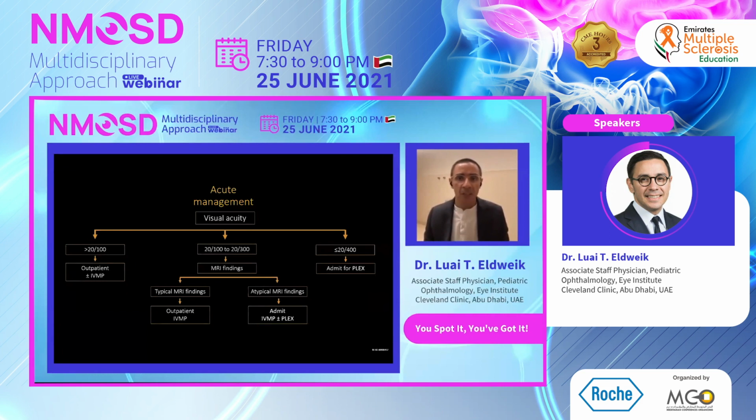Finally, if the vision is 20/400 or worse, this is a patient who's coming to you with an almost blind eye, and treating with steroids most likely will not be enough. These patients, in my practice, now require admission, and we start them right away on PLEX.